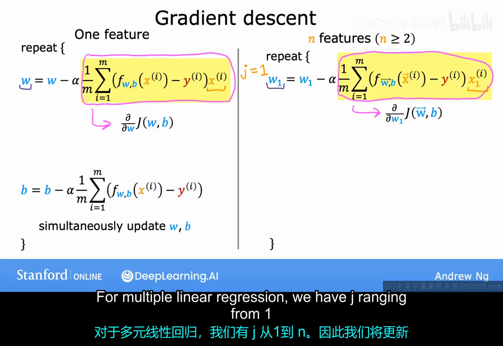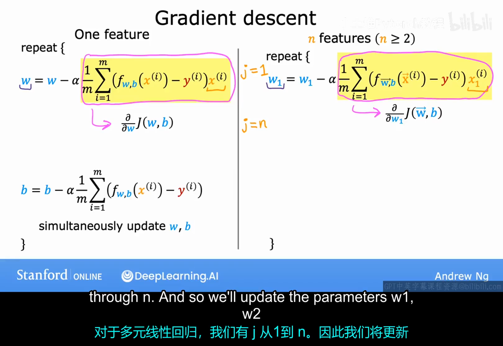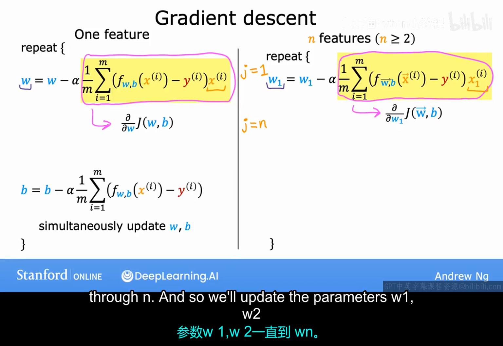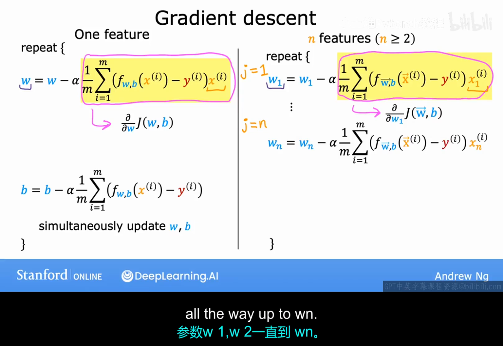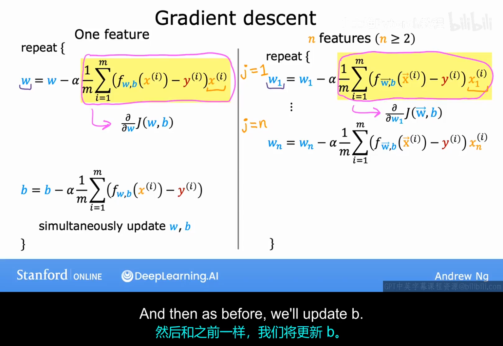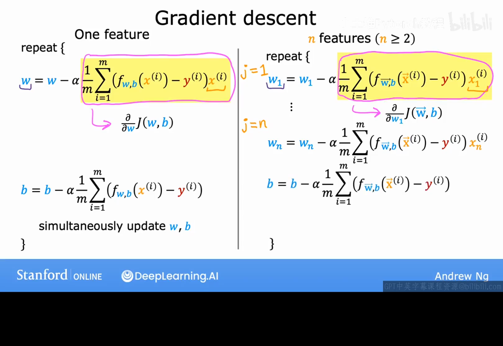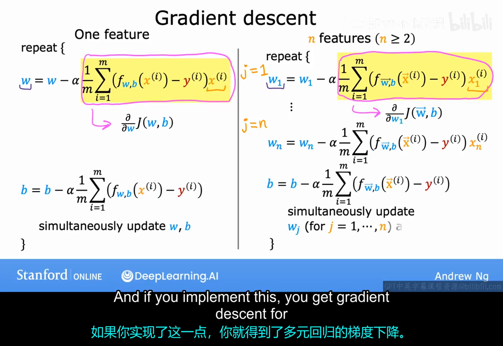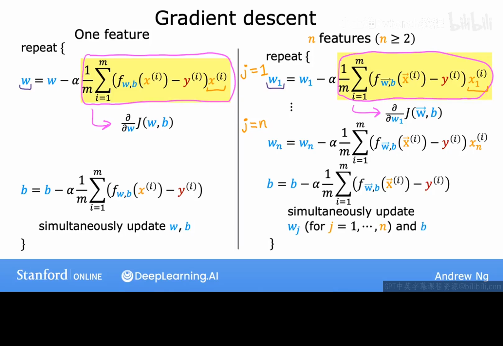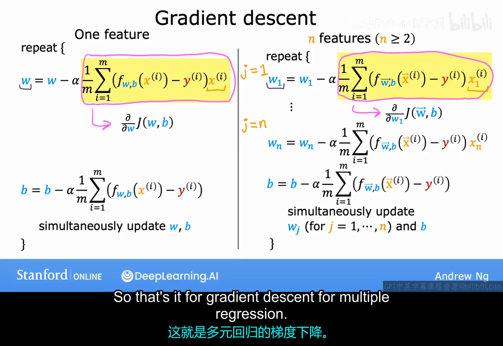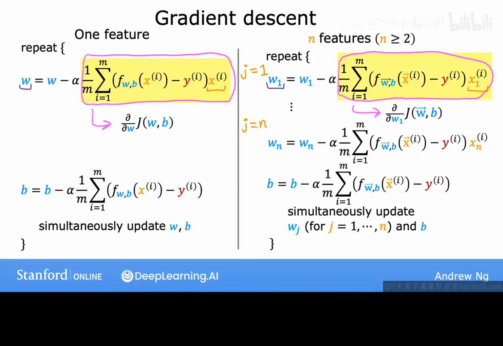For multiple linear regression, we have j ranging from 1 through n, and so we'll update the parameters w1, w2, all the way up to wn, and then as before, we'll update b. And if you implement this, you get gradient descent for multiple regression. So that's it for gradient descent for multiple regression.